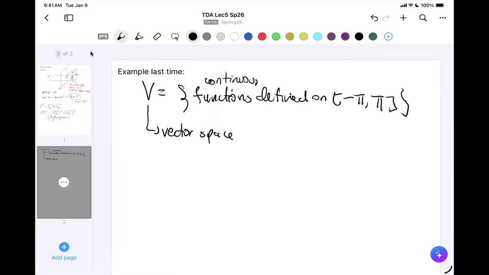It's an important difference, but many other things work in a similar way. And if you have a vector space of functions, you can define a dot product between them, which is what I was explaining last time.